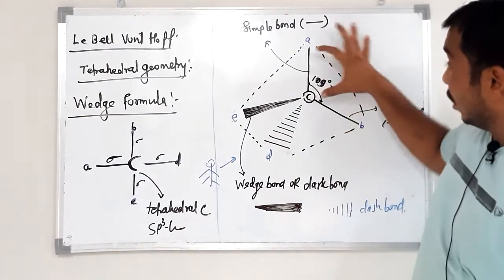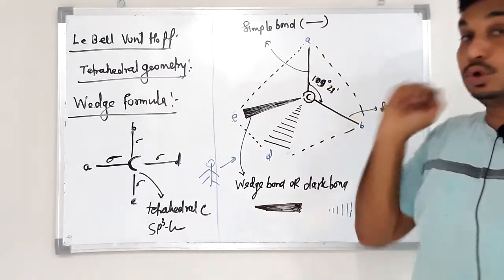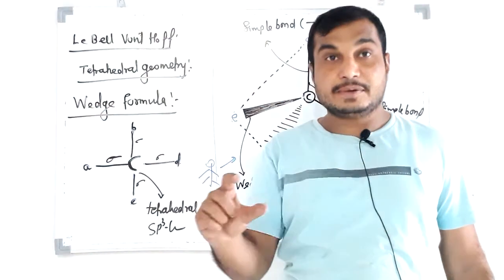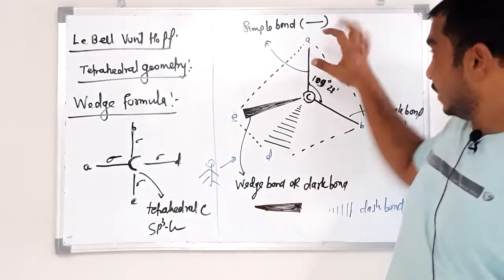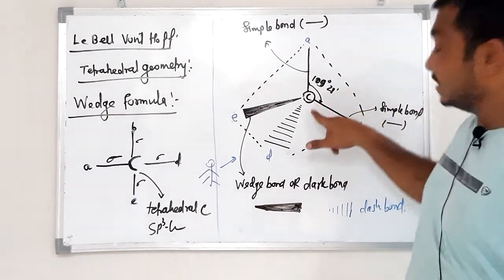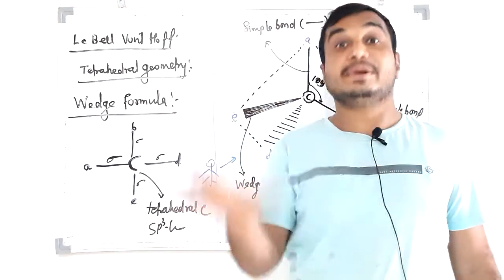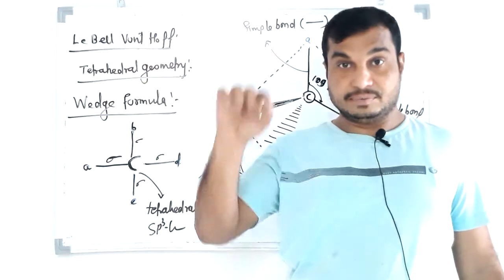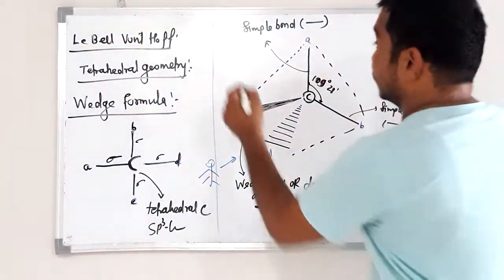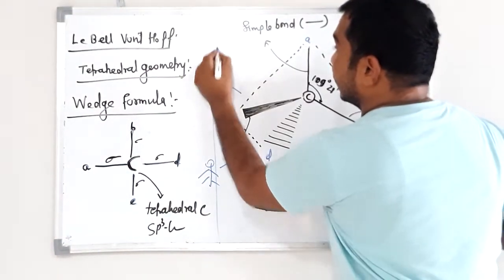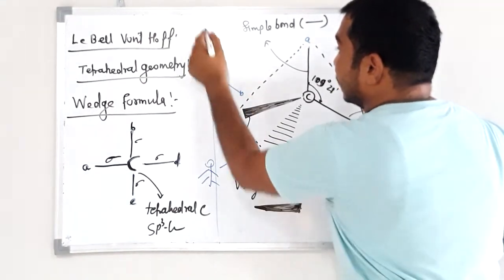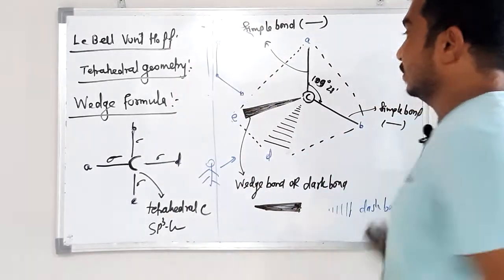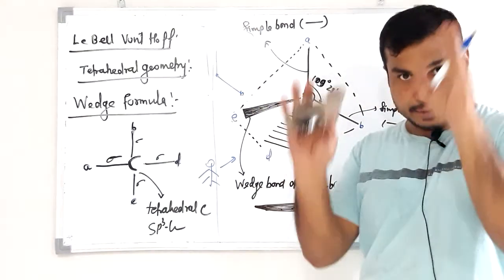The meaning of a simple bond is that the substituents attached to C by a simple bond, A and B, and C are present in one plane. They are planar. C, A, B, this is the plane.